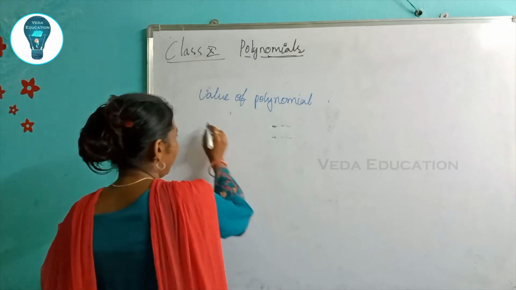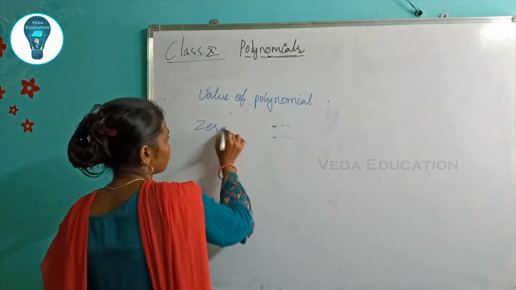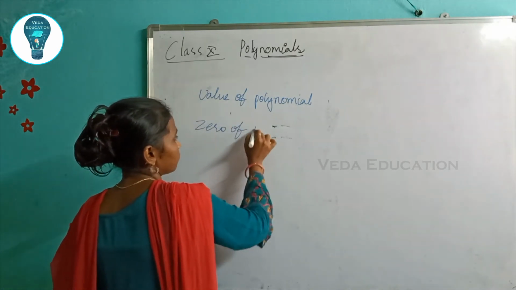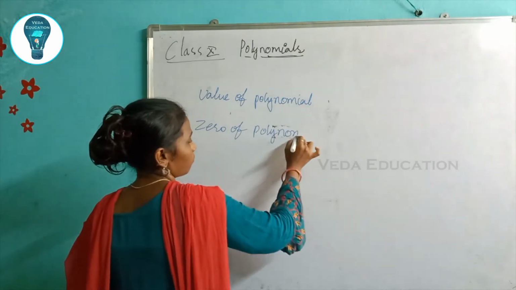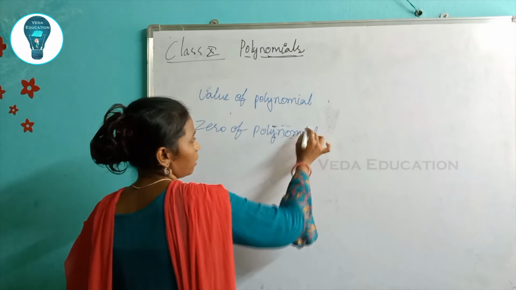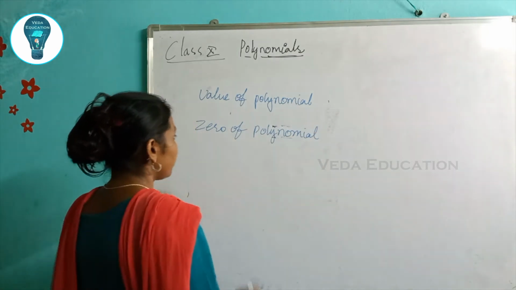Next, zero polynomial. And graphical representation.